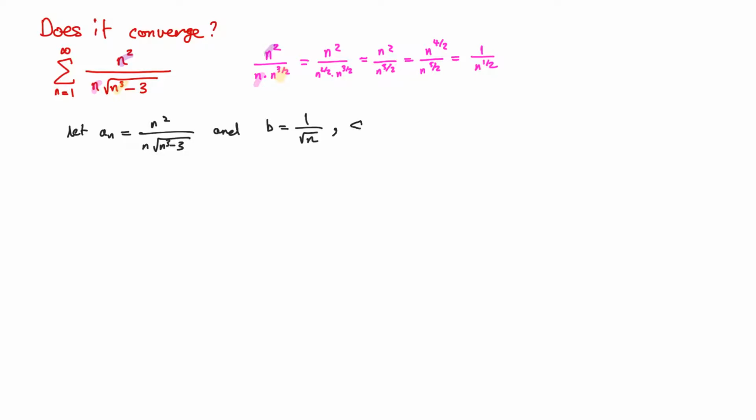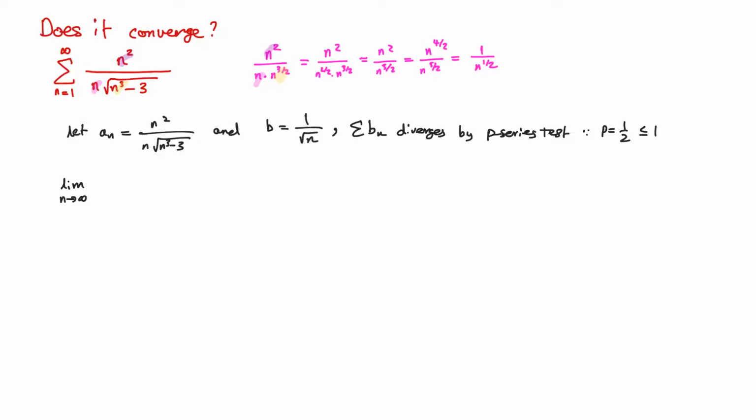We also know that series B diverges by the P series test, since P is equal to 1/2, which is smaller or equal to 1. Okay, now that I know this, I'm assuming that my series is going to diverge, but I have to show it first.